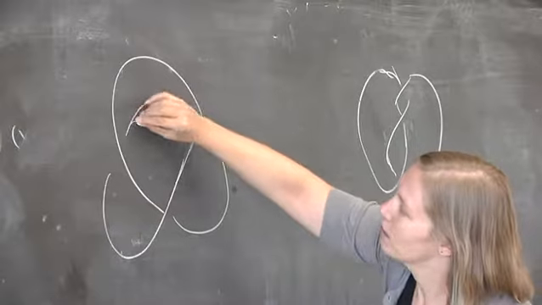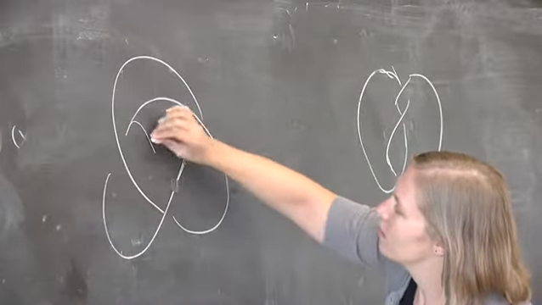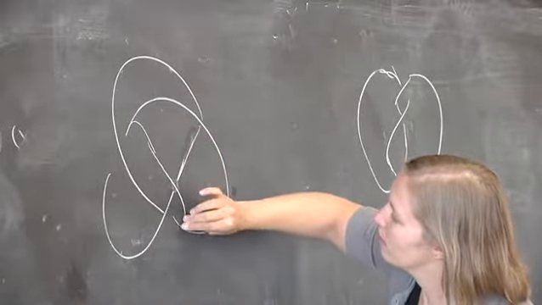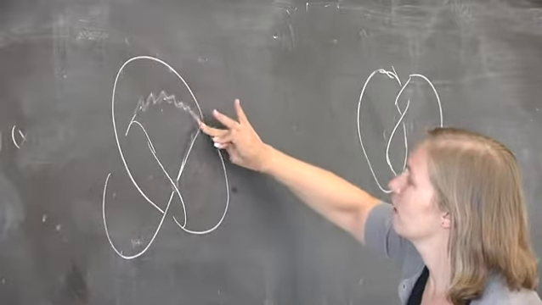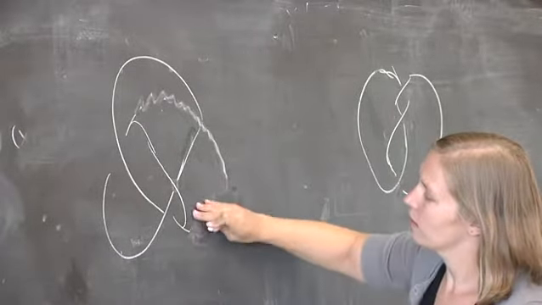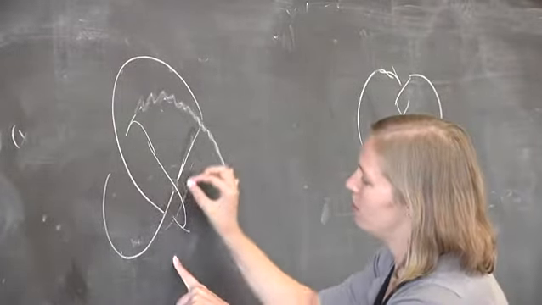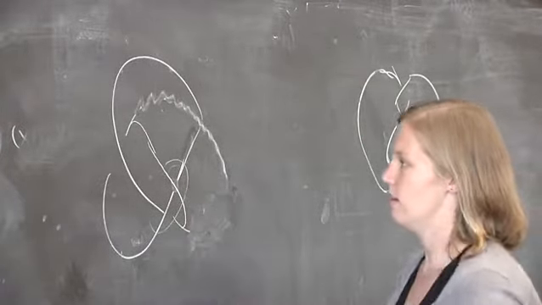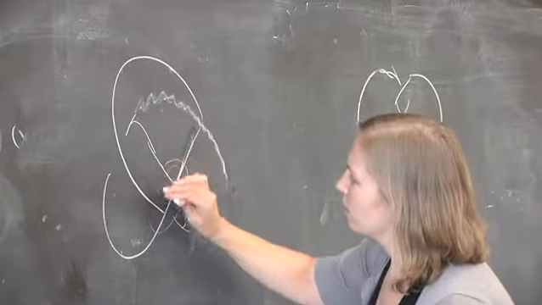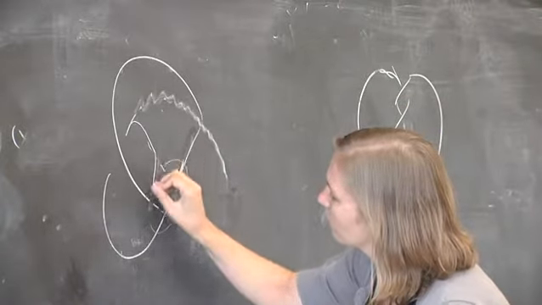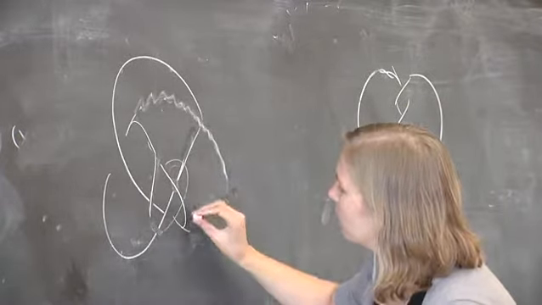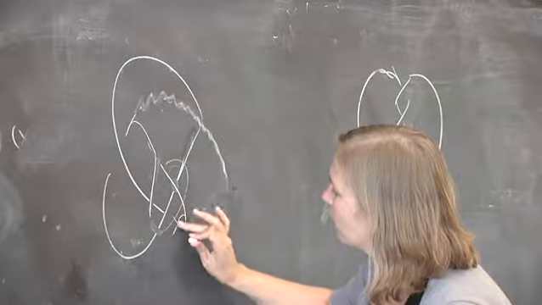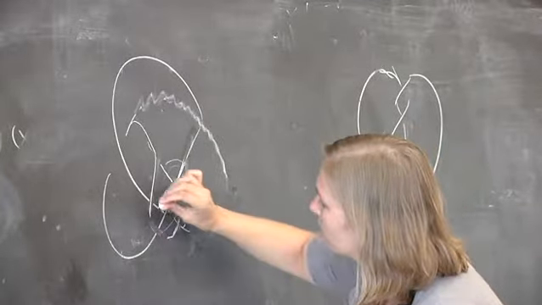So I would move this strand down to get closer to that guy. Now I'm going to do a Reidemeister 3 on these crossings. So I'm moving this across here. So I get this.